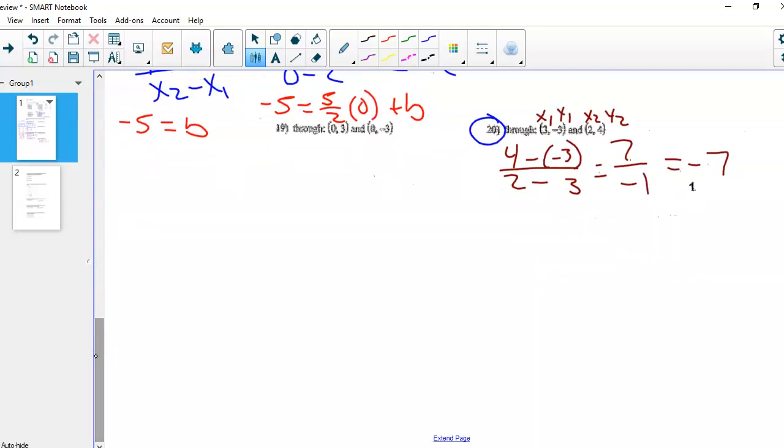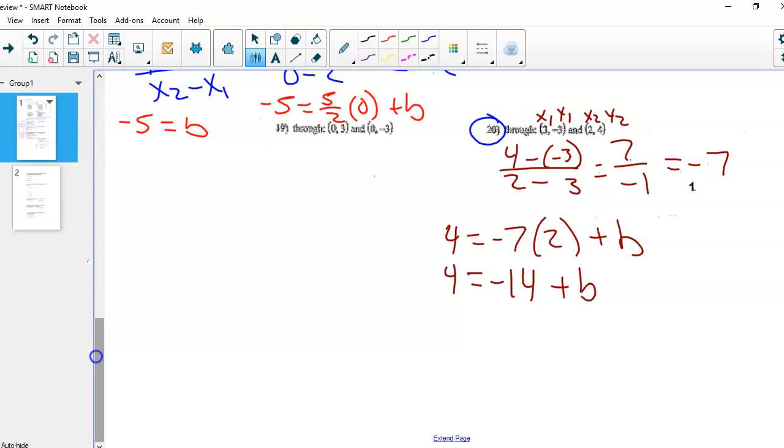Now we can choose either point and find b. Which point do we want to use? The second one. So 4 equals -7 times 2 plus b. So -14. And then we would add 14 to solve for b.